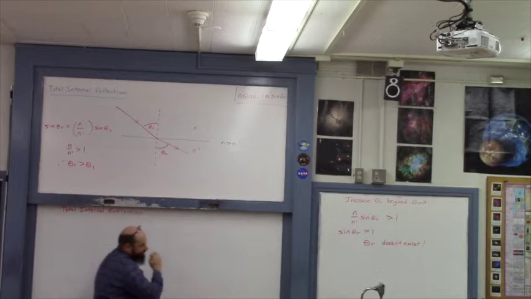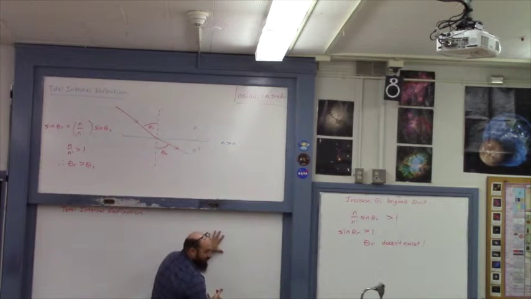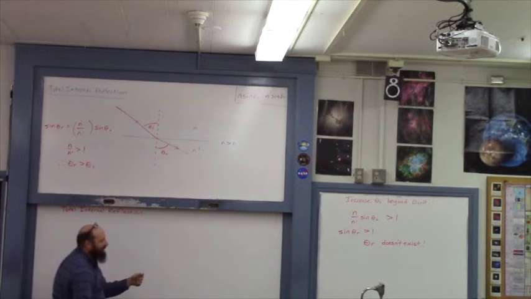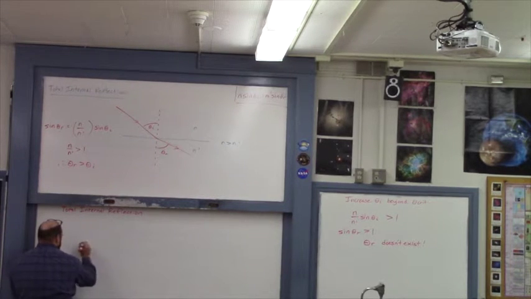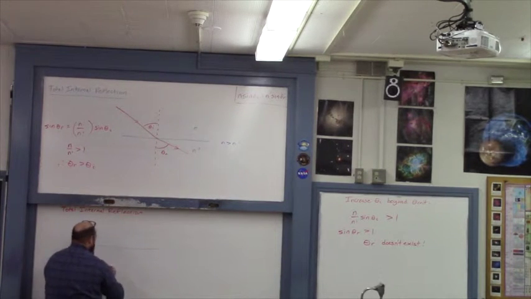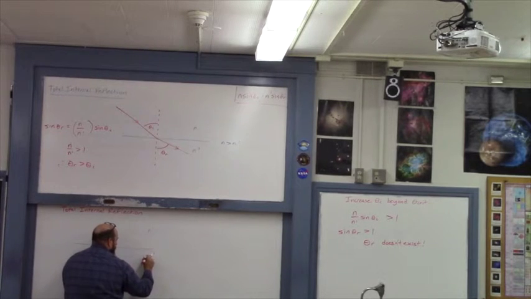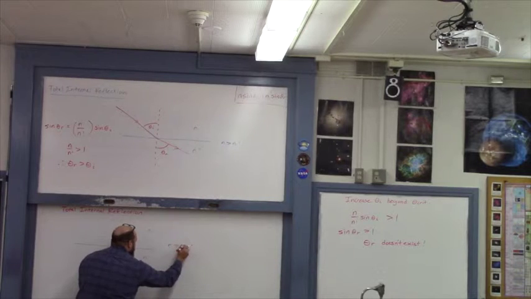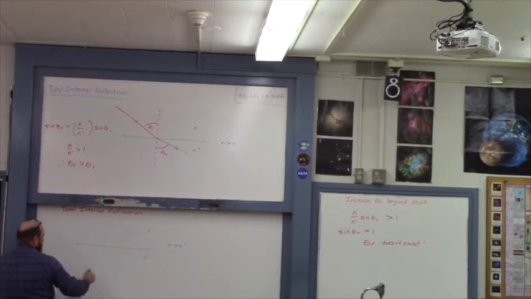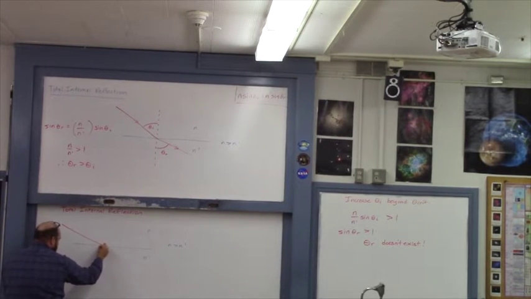So basically, take the diagram I just erased and make the angle of incidence bigger than the critical angle. So I'll exaggerate it. Looks like this. So once again, here's our n and n prime, water to air, so n is greater than n prime. And then we've got this incident light ray coming in at this really big angle, like so.